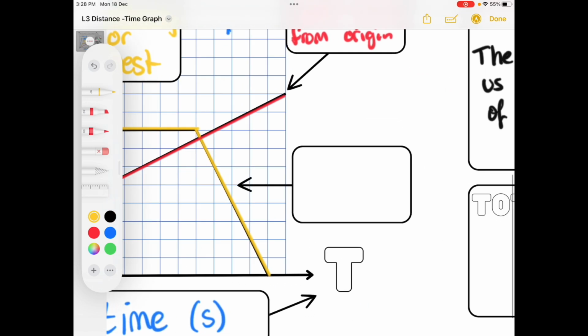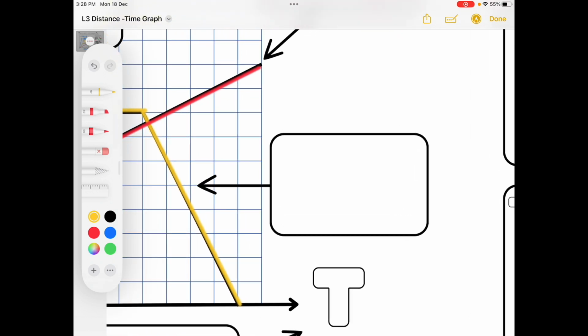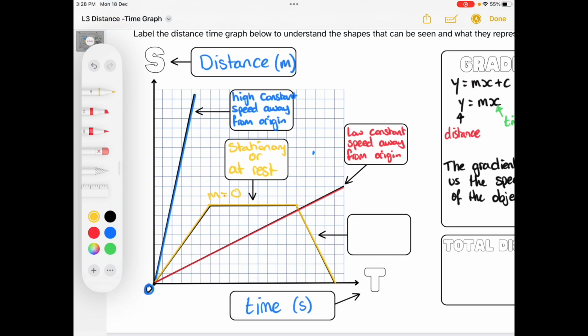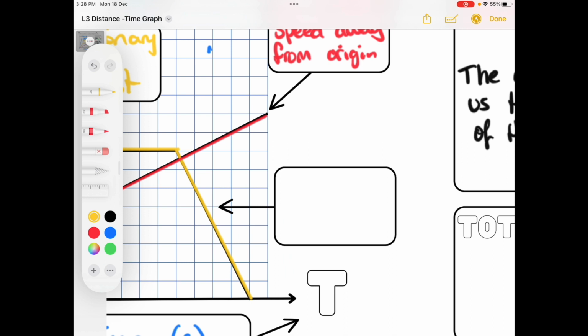Then if we look at this last one, we can go back to comparing it relative to the blue line and the red line. I would say it's fairly high speed.